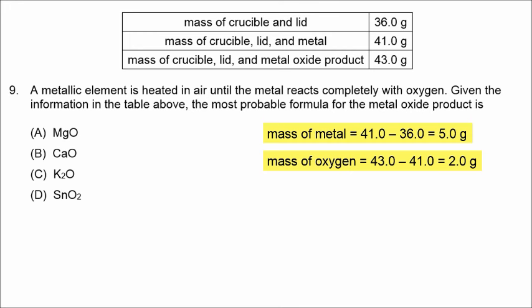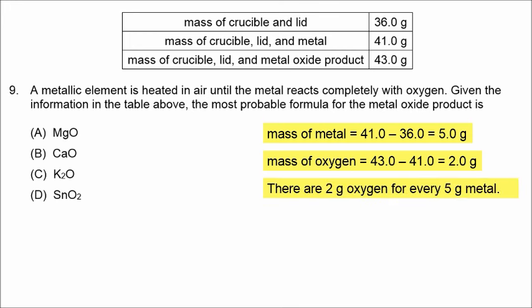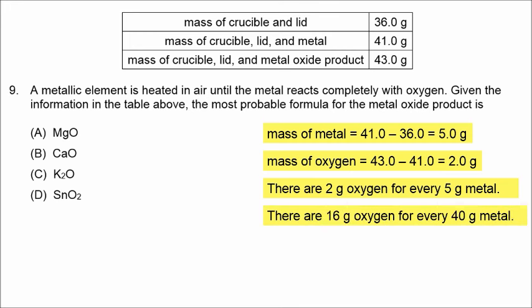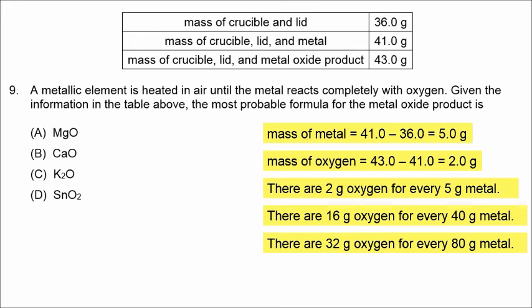So if we know that the ratio of oxygen to metal is 2 to 5, and of course we know that the atomic mass of oxygen is 16, let's multiply this ratio by 8. There must be 16 grams of oxygen for every 40 grams of metal. We'll go ahead and double that just to see what happens if there's 2 oxygen atoms in the formula. There would be 32 grams of oxygen for every 80 grams of metal.